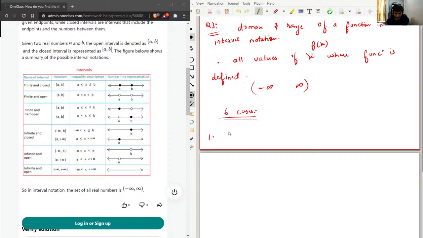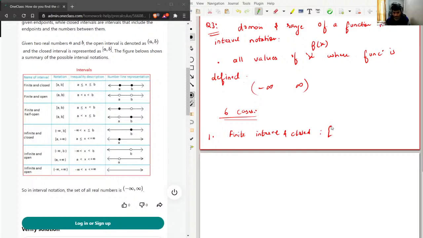Now in the first case, the interval is a finite interval, and it is a closed interval. So closed and open intervals mean a lot in notation.